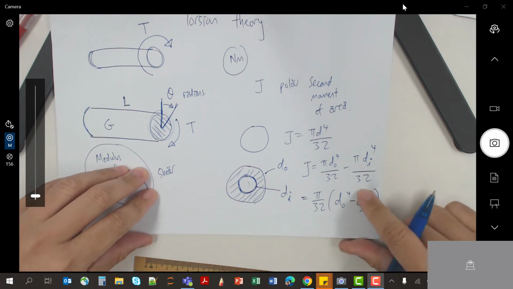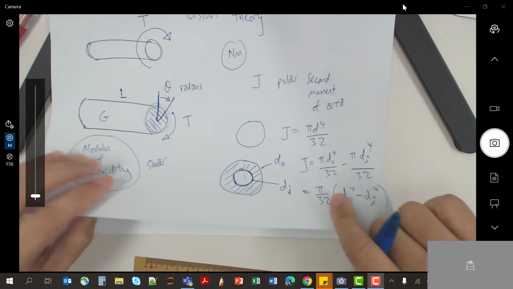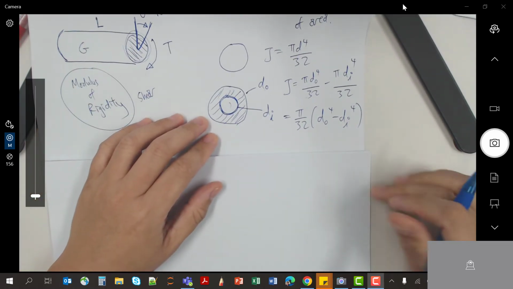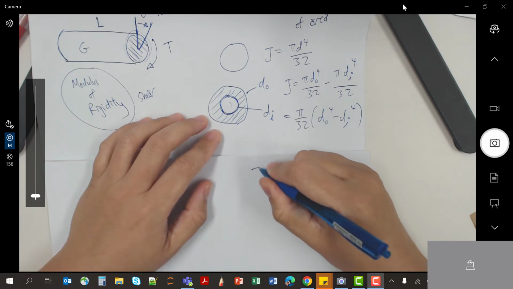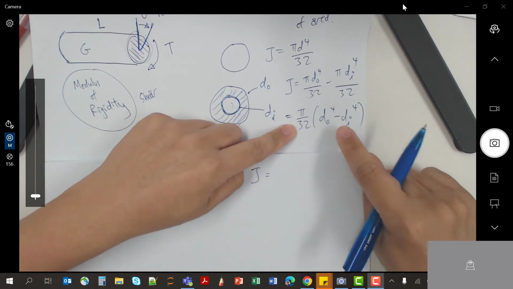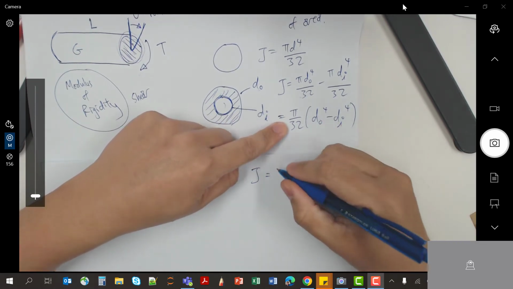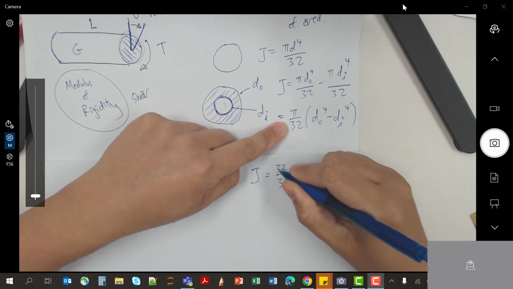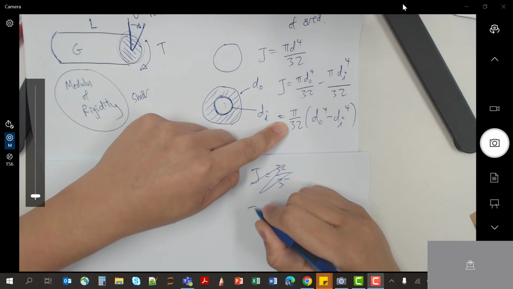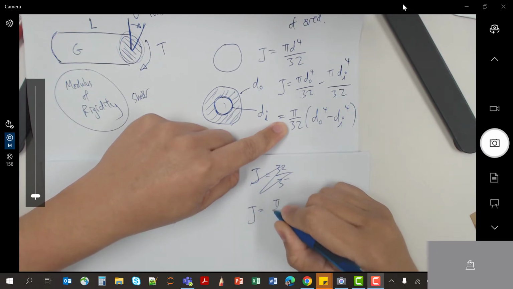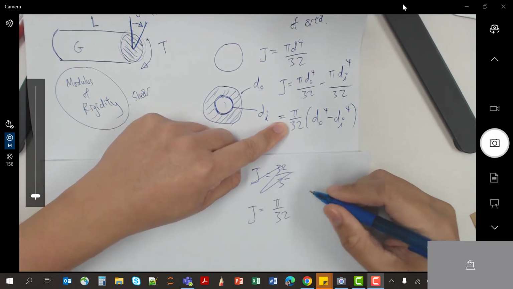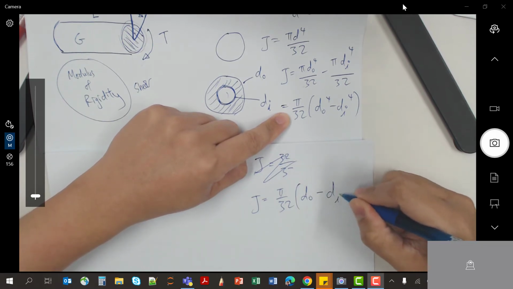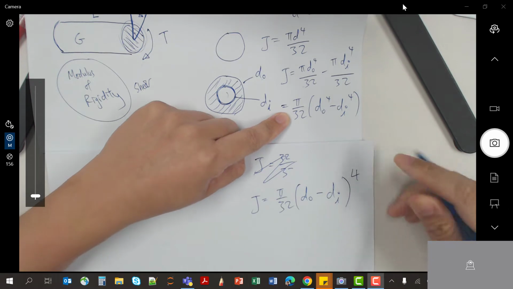One very important thing to take note of: a very common careless mistake that students often make for J hollow is they will write it wrongly as J equals pi over 32 times d out minus d in, all to the power of 4.